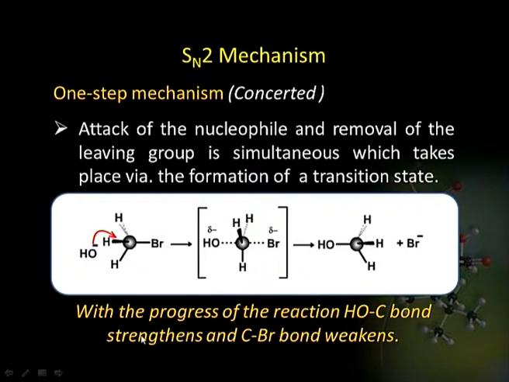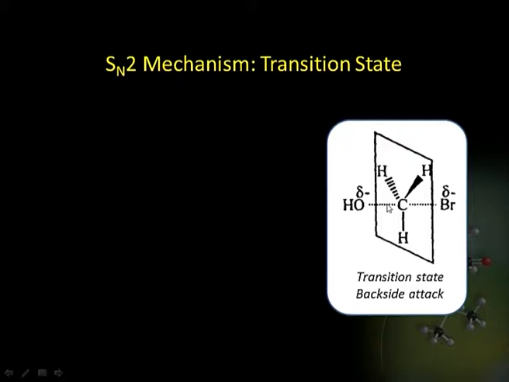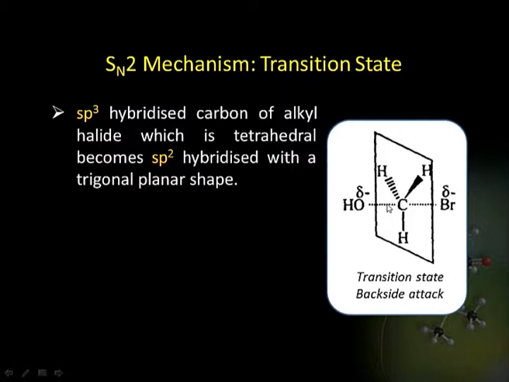And it is noticed that with the progress of the reaction, the hydroxide carbon bond strengthens and the carbon halogen bond weakens. So, if we look into the transition state in SN2 mechanism, we will notice that the carbon which was previously sp3 hybridized in the alkyl halide and was tetrahedral in nature gets changed into sp2 hybridized with a trigonal planar shape.